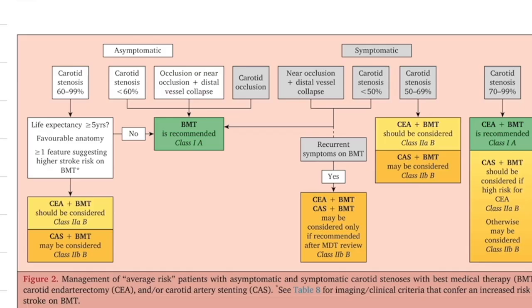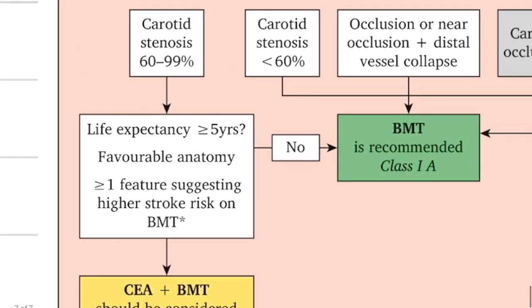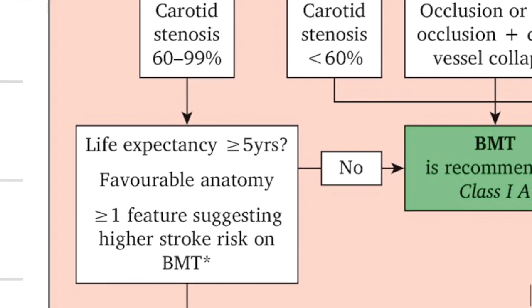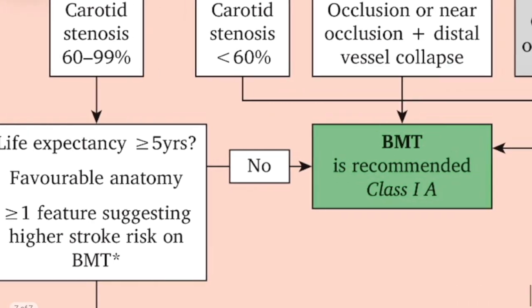Now, in both the categories, a special group of patients are those with stenosis in a moderate amount, like 60 to 99%. In that case, you go for procedure. In asymptomatic, you screen for things like life expectancy, favorable anatomy, and other risk factors, and based on that, you take a call.